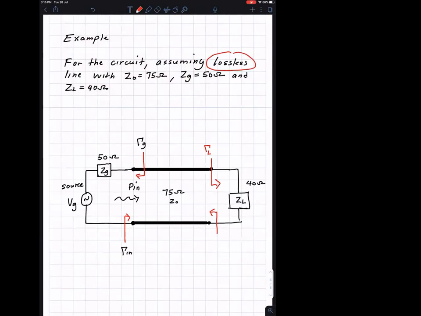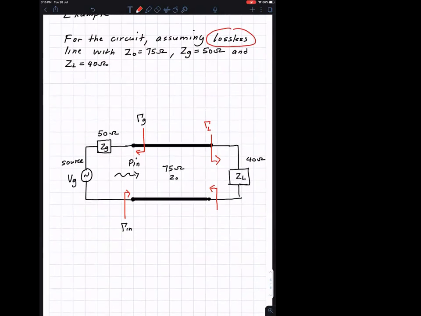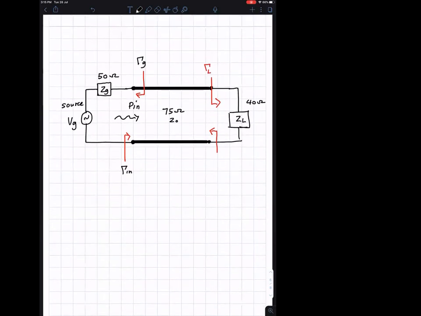For a lossless line, let's look at the case when all the reflections are zero.